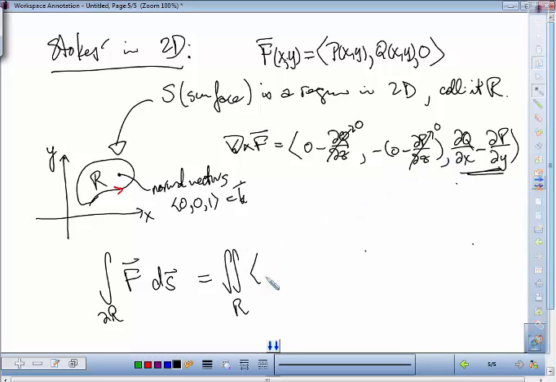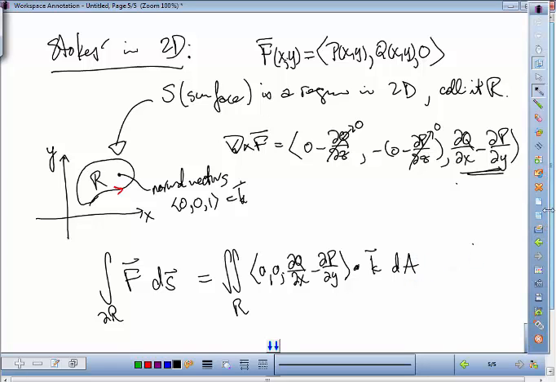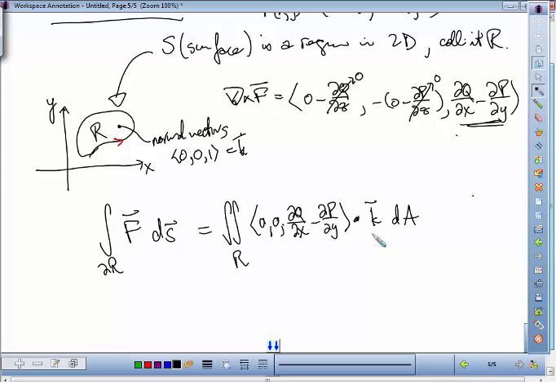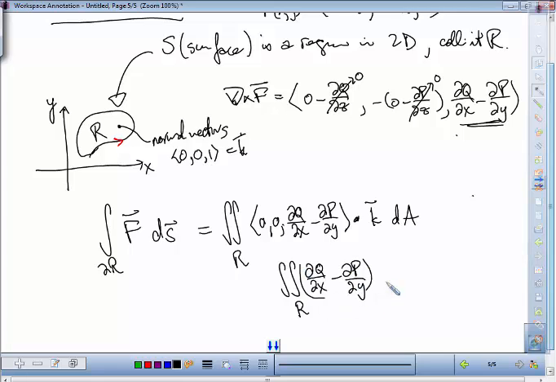It's going to be 0, 0, the partial of Q with respect to x minus the partial of P with respect to y, dotted with the normal vector, that's just the k vector, dA. But k is 0, 0, 1, so this really just becomes a double integral over the region of the partial of Q with respect to x minus the partial of P with respect to y dA. So this is Green's theorem.